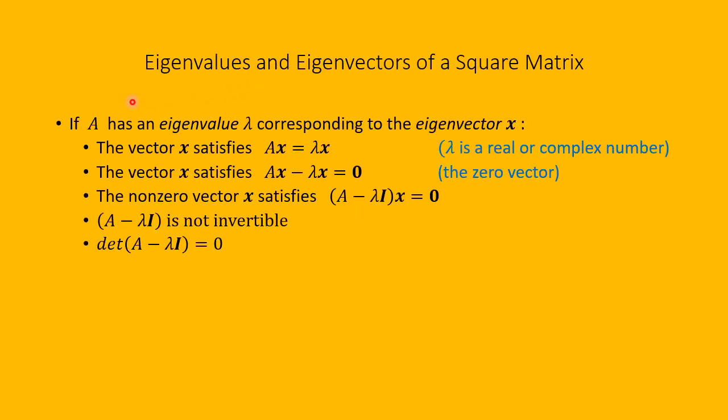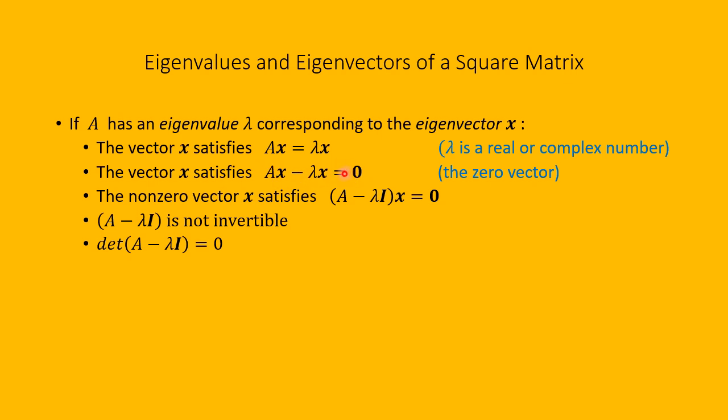Here's what we can say about eigenvalues and eigenvectors. If A has an eigenvalue lambda, which is a number, corresponding to the eigenvector X, then that vector X, that eigenvector, it's a non-zero vector, remember, satisfies AX equals lambda times X. The matrix times X equals this number times X. We could also then say that AX minus lambda X equals 0.